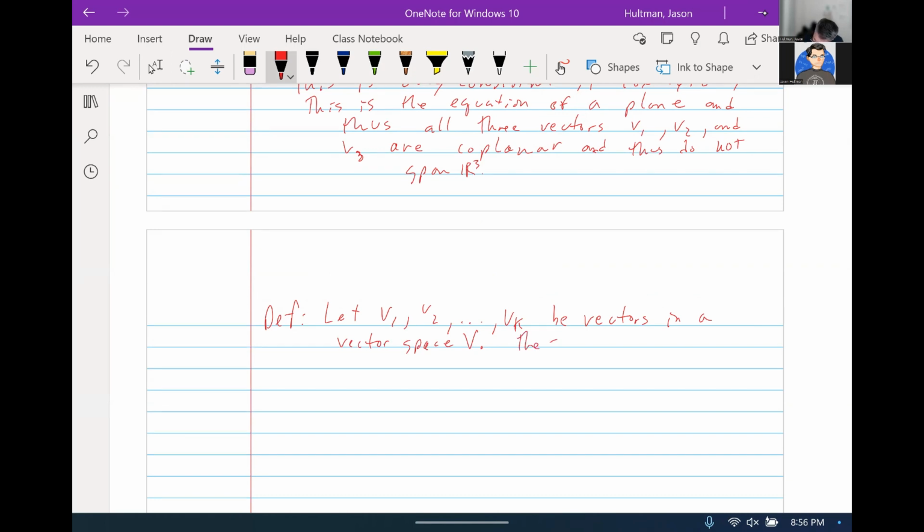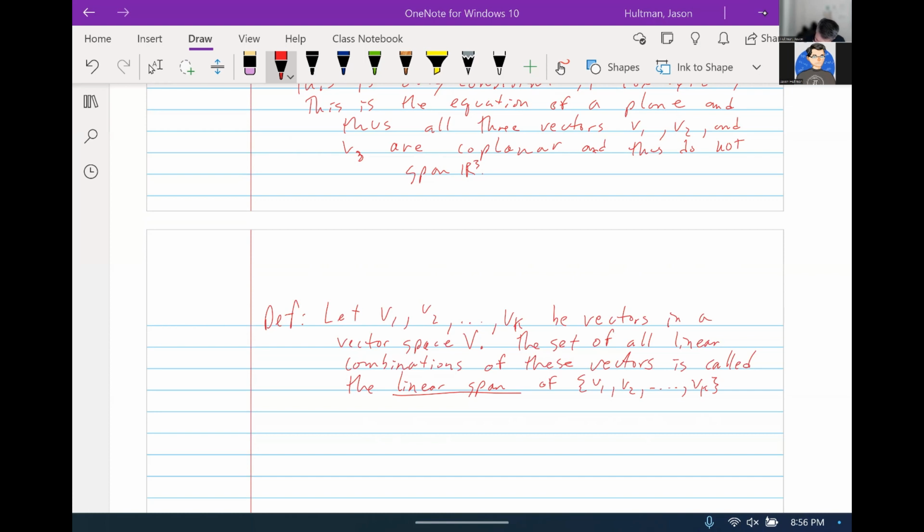The set of all linear combinations of these vectors is called the linear span of the set that contains those vectors v1, v2, ..., vk. Okay, so that's a linear span.